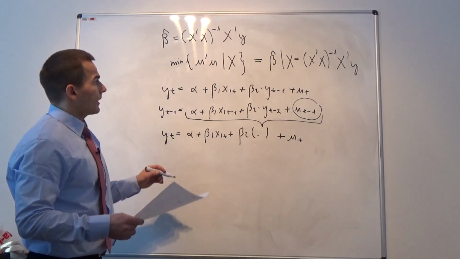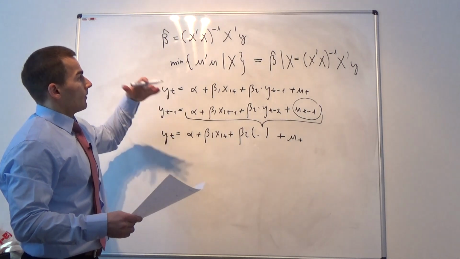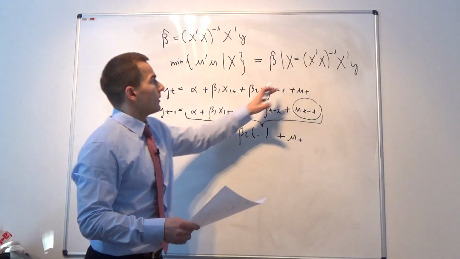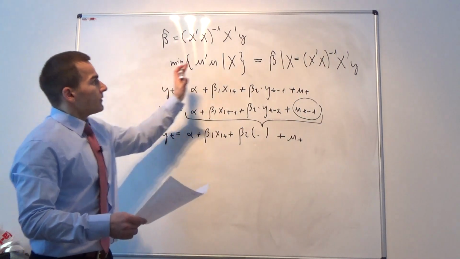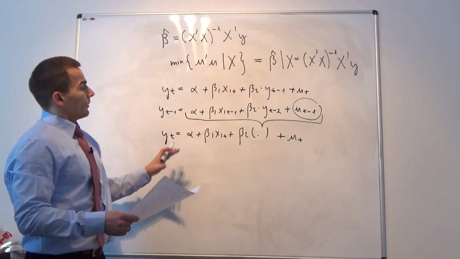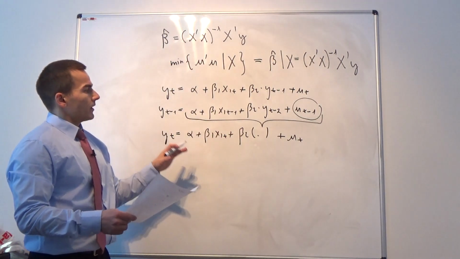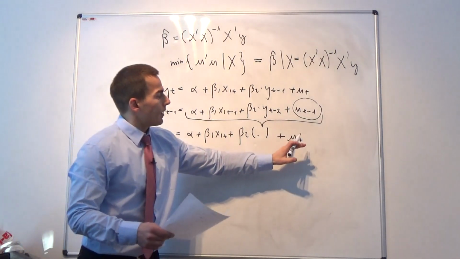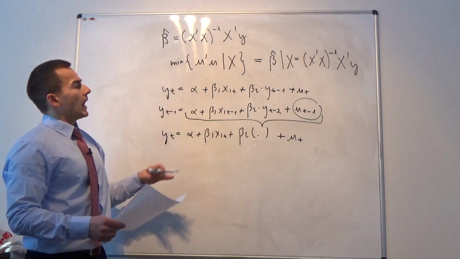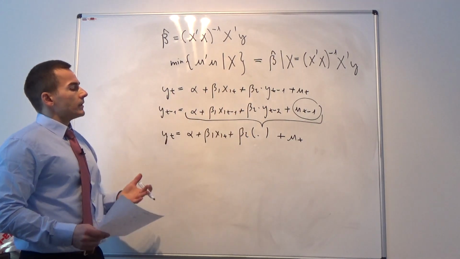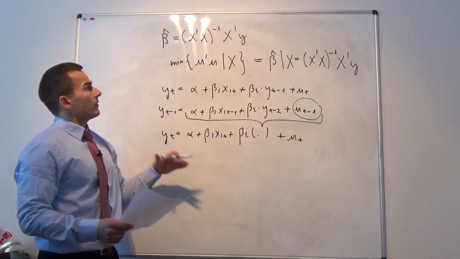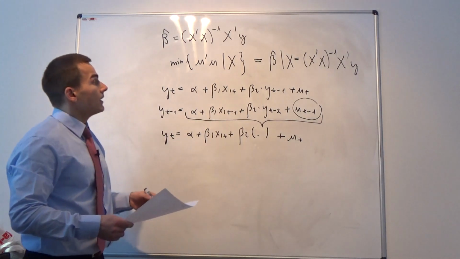In this case, the assumption is not satisfied anymore, because this is only applicable where our regressor matrix is uncorrelated with our error term. This is not satisfied in so-called dynamic models. This is something you often encounter in economics, but it is not something that we would like to discuss in our class.